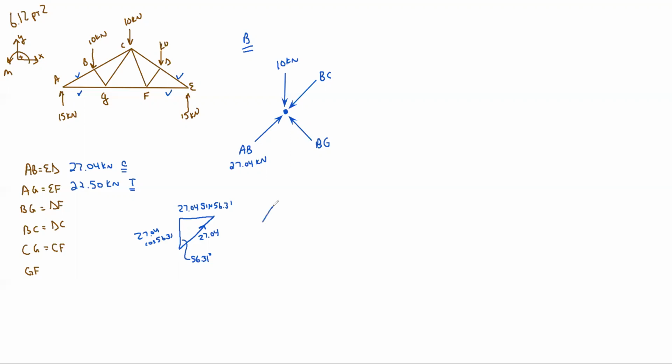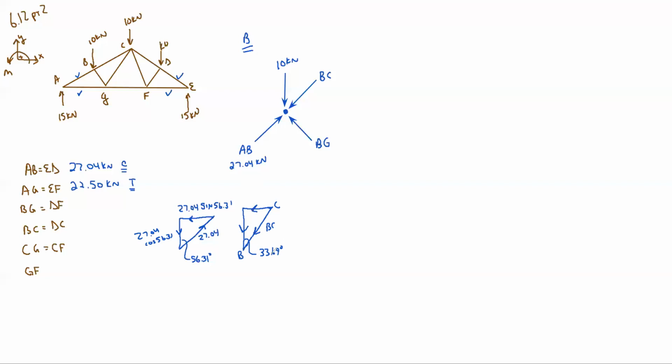BC I've got going down like this. If BC is going down, BCX goes to the left and BCY goes down. This angle is 33.69 from a previous calculation. Is that true?